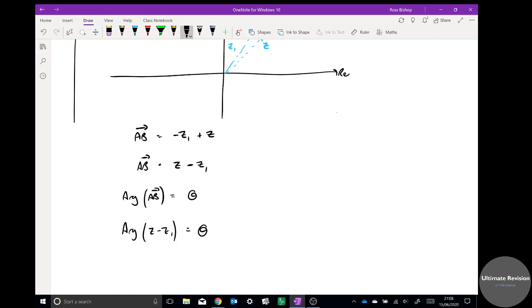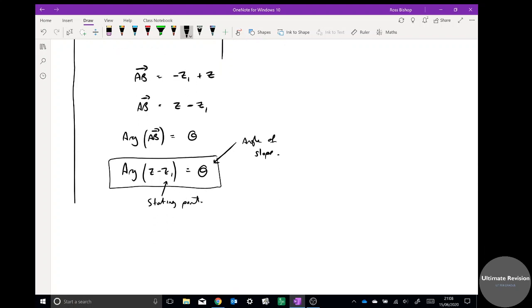And that there is the general form for a half line. This is the angle of slope, you can consider, and Z1 is your starting point, starting coordinate.